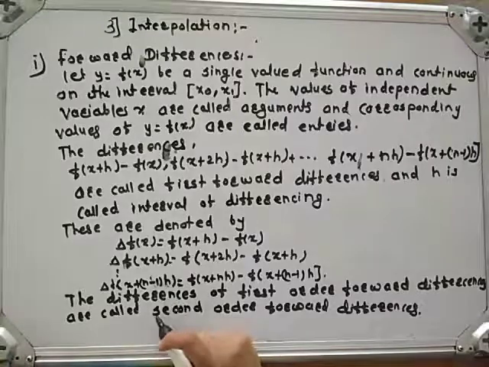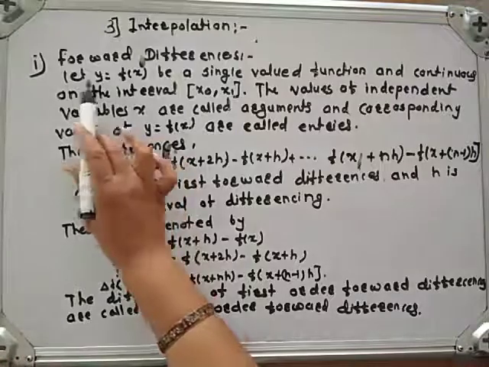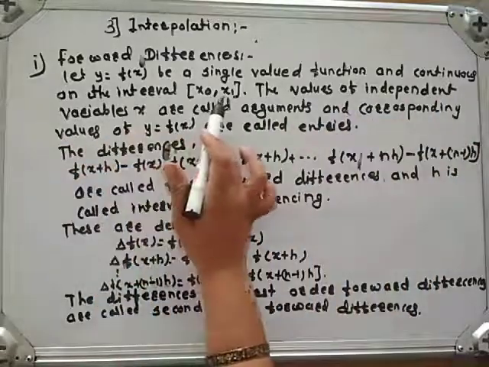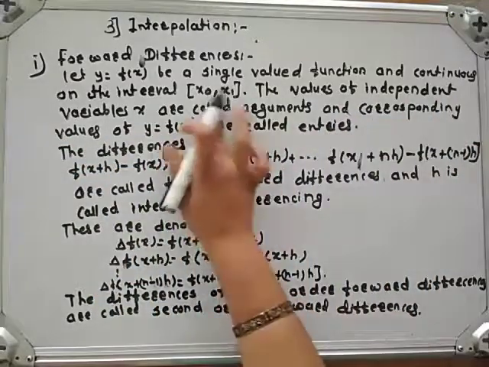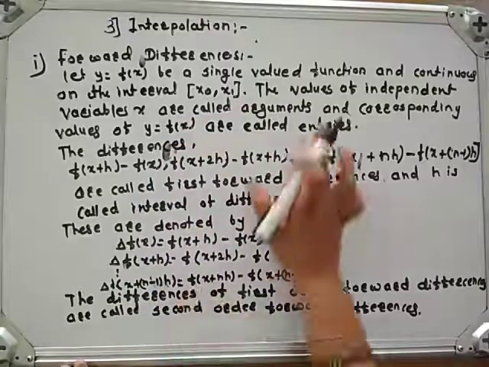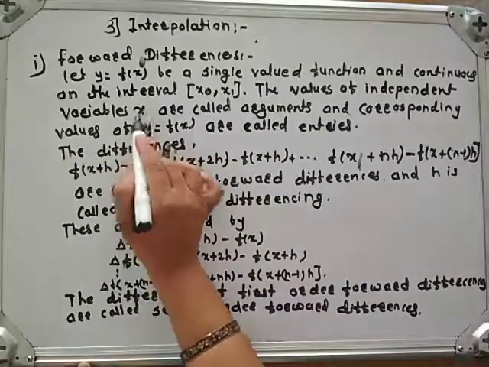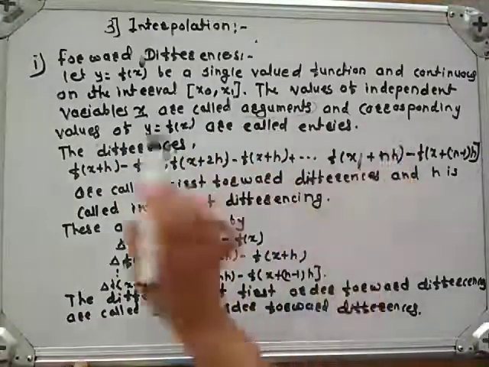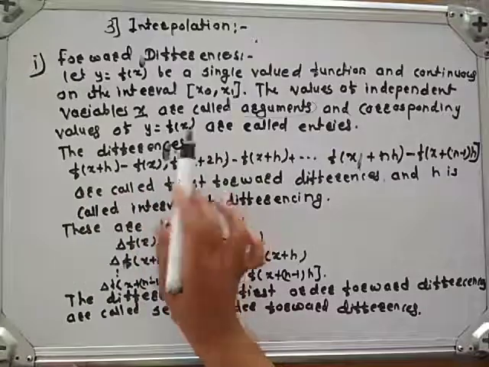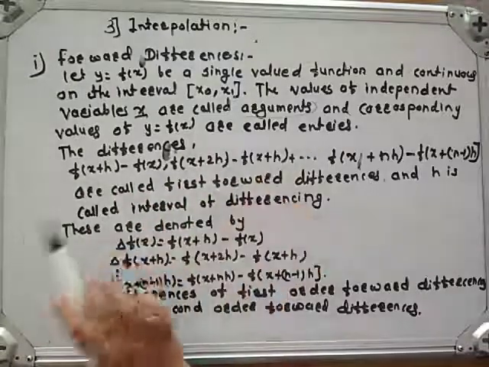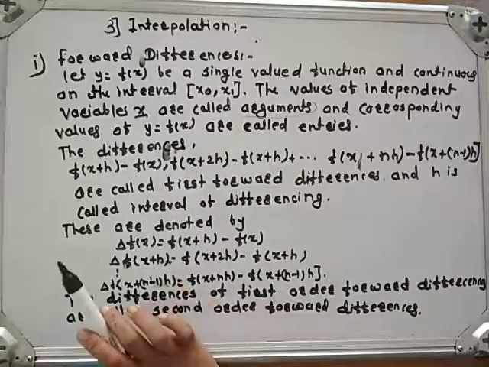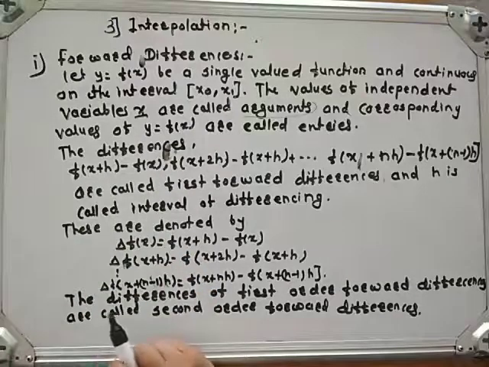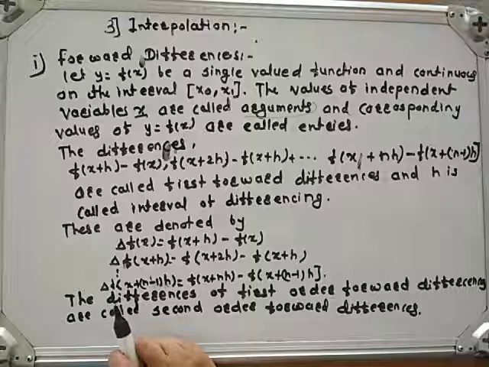See here, what is forward differences? Let y is equal to f of x be a single valued function which is continuous on the interval x0, x1. The values of independent variable x are called arguments, and corresponding values of y is equal to f of x are called entries.